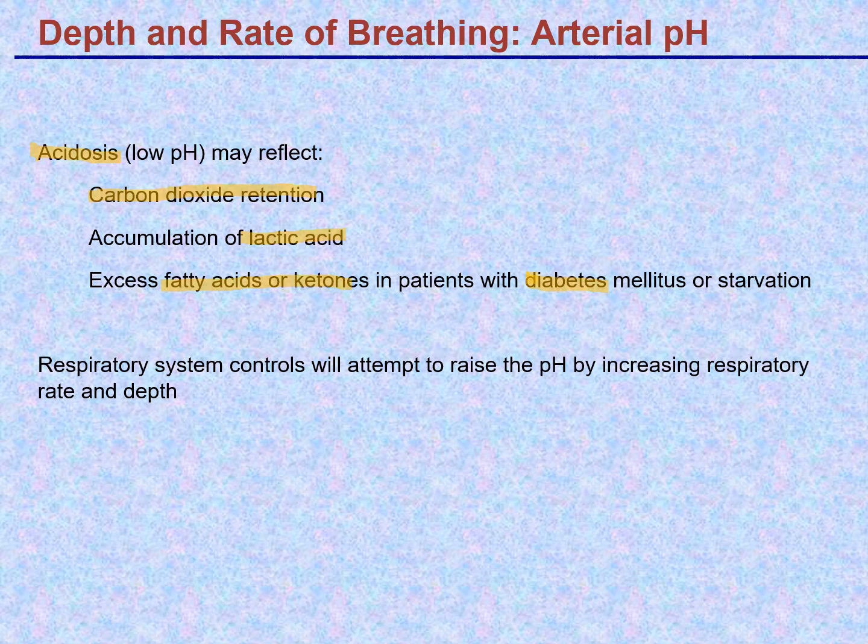These are people who are not taking medication or a proper diet, or in starvation you can get accumulation of these fatty acids and ketones, and that can lead to acidosis. The true name of this situation, excess fatty acids and ketones, is ketoacidosis.